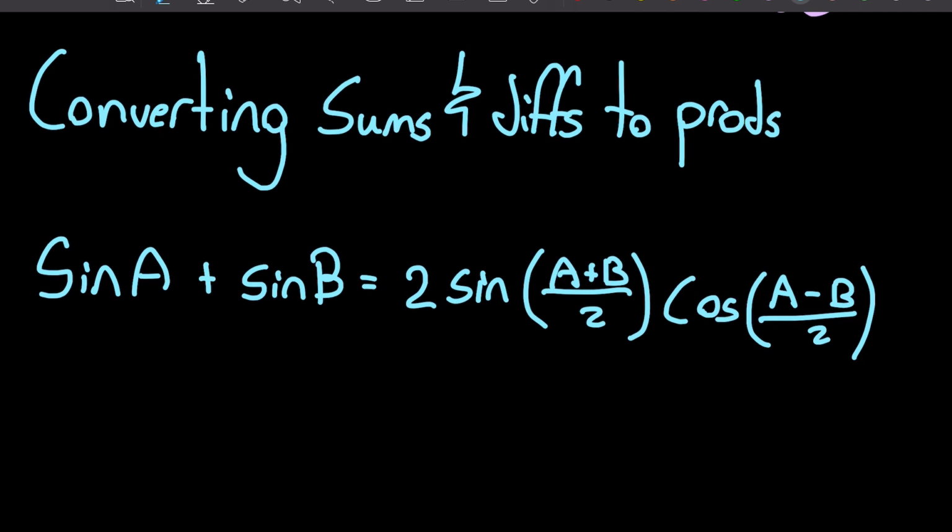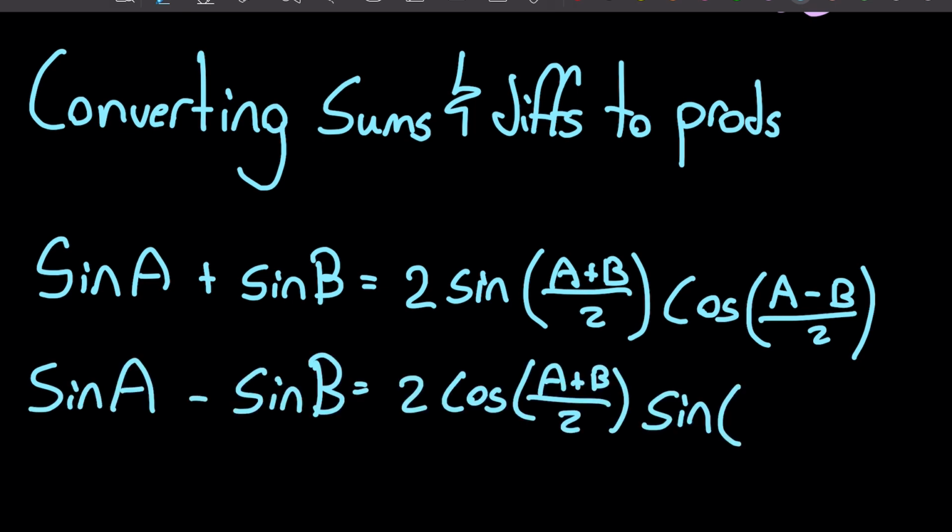Continuing, if I have sine A minus sine B, I would instead have 2 cos of A plus B over 2 times sine of A minus B over 2.